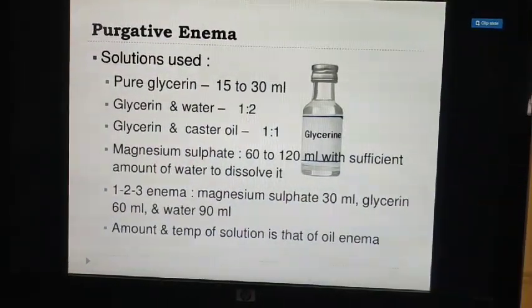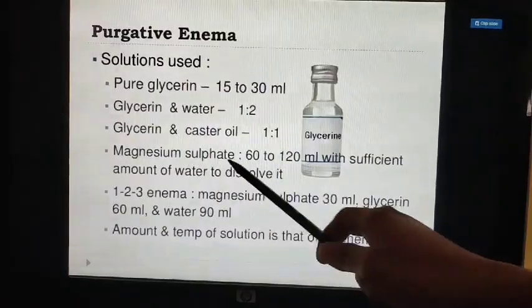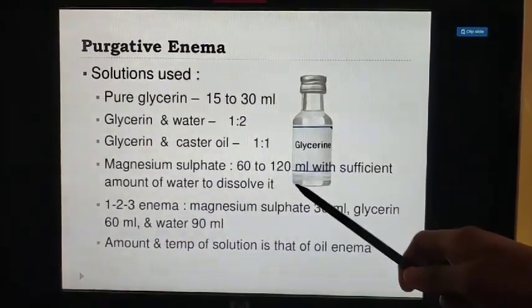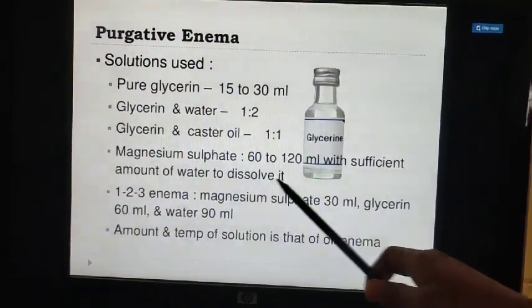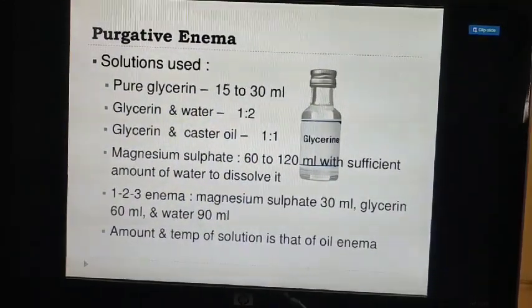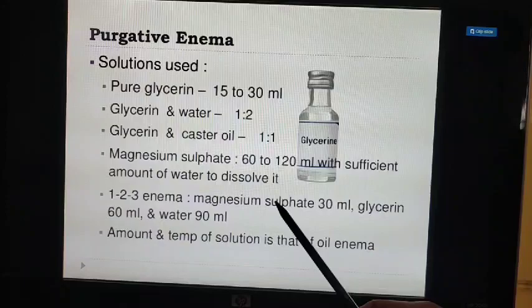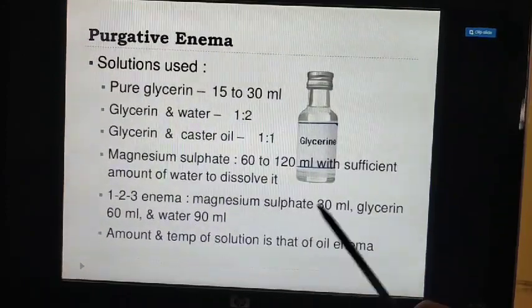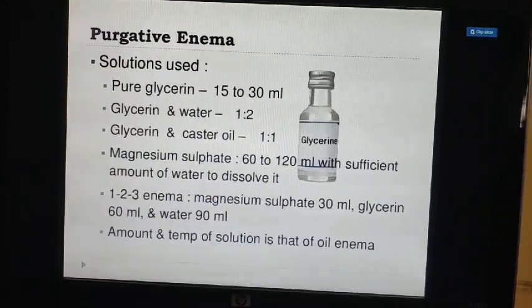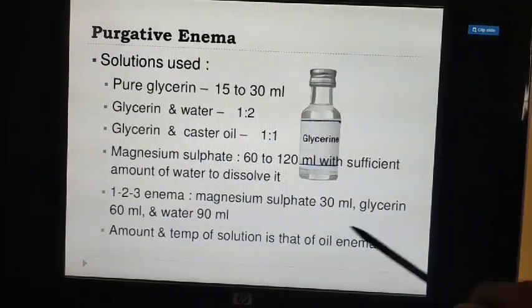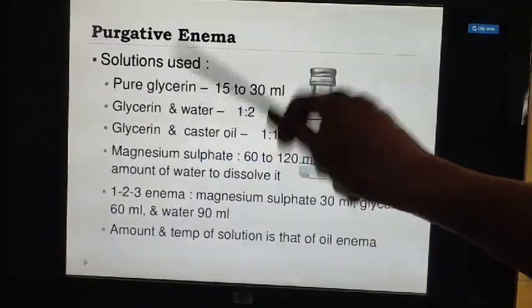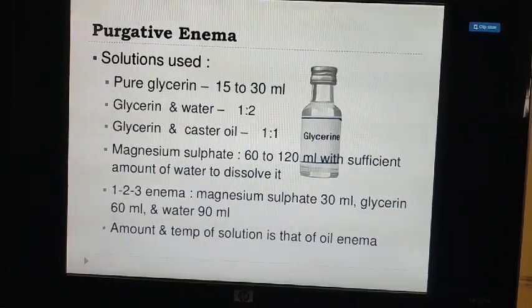Otherwise we can take magnesium sulfate with 60 to 120 ml of a sufficient amount of water. And we can use a mixture of magnesium sulfate, glycerin and water in the ratio of 30 ml, 60 ml and 90 ml. Like the oil, the temperature should be maintained at 100 degrees Fahrenheit.